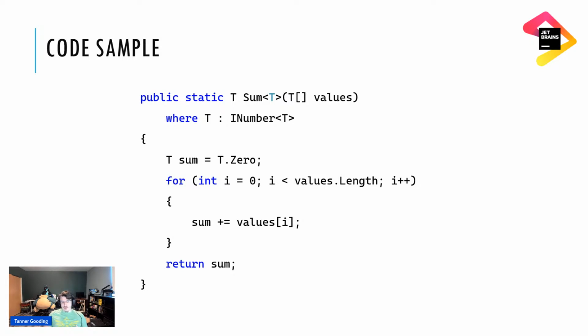And so that includes all the primitive types built into the BCL. So decimal, float, double, int, long, uint, byte, sbyte, etc. It also includes other types like BigInteger and any future user-defined types that actually go and implement those interfaces as well.